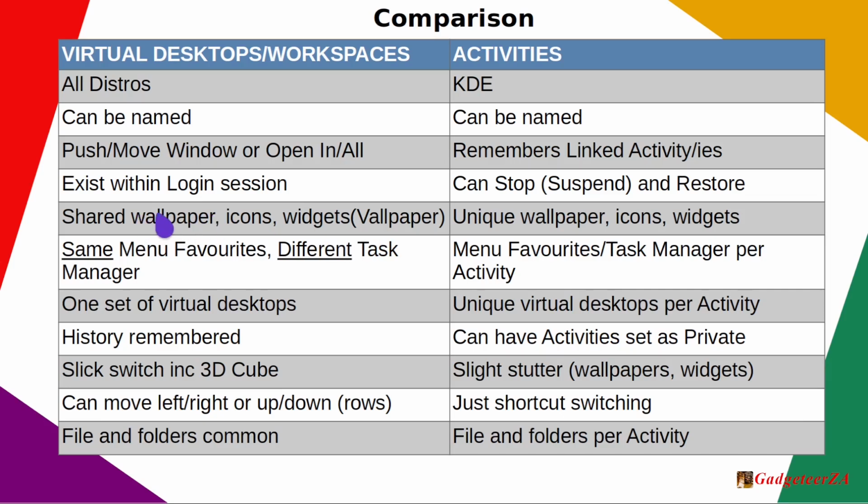Then the other thing that you'll see quite a difference on as well is that virtual desktops keep the same wallpaper, icons, and widgets. So if you put one on, it is sort of across and available in all your sessions. An exception is possibly a type of wallpaper, I'm not sure how they pronounce it.